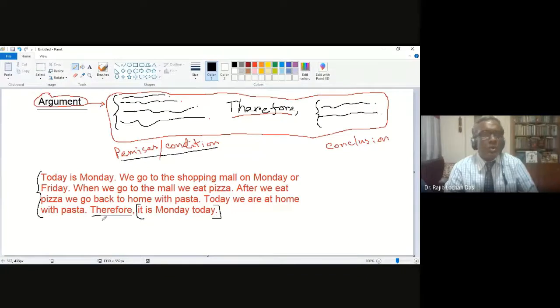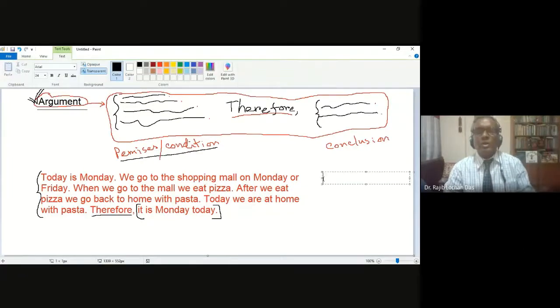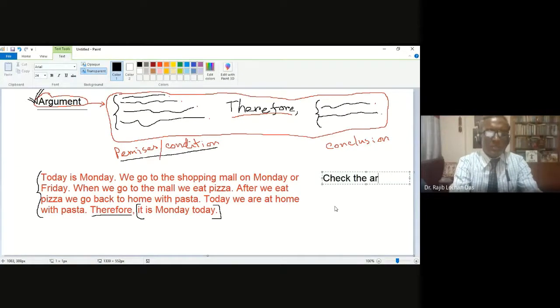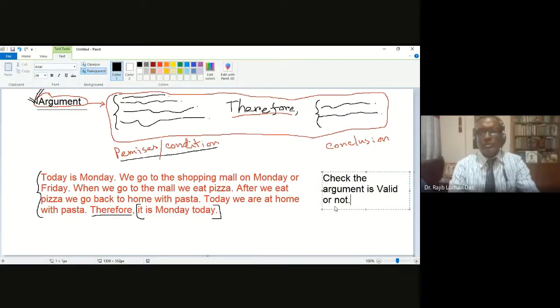Now the whole paragraph is an argument. Now you will check whether this argument is valid or not. So this is one thing we need to do.